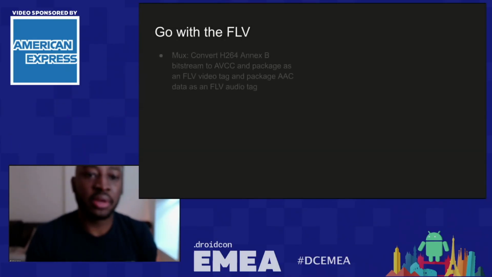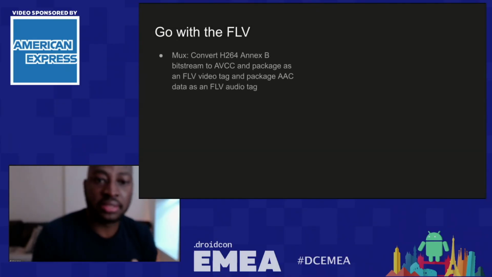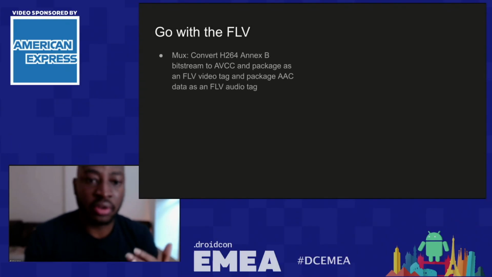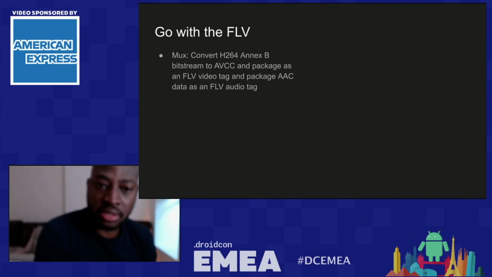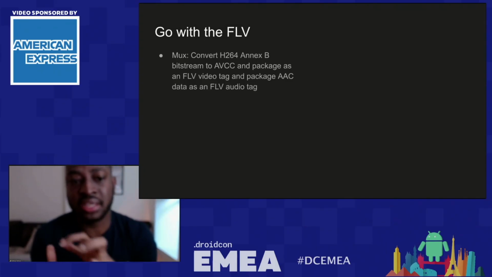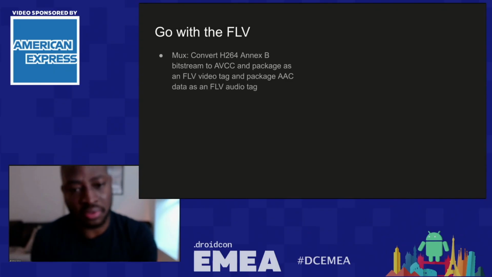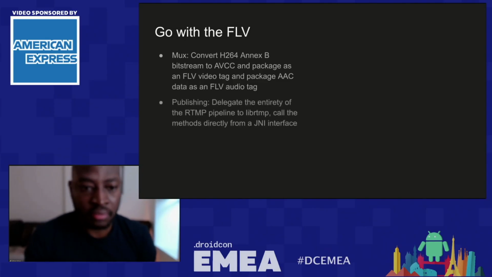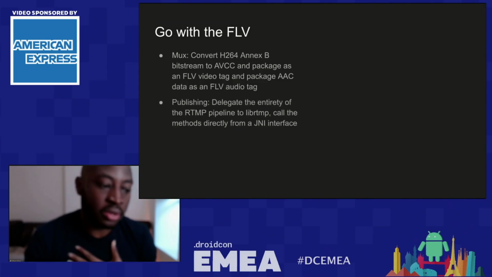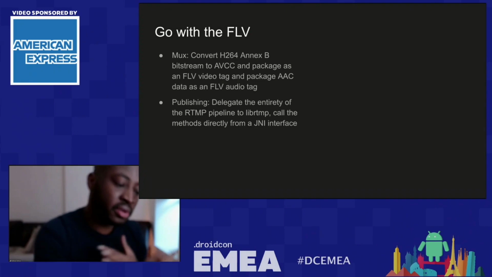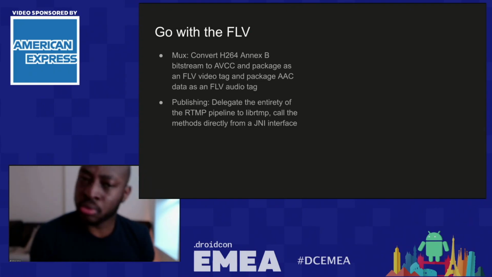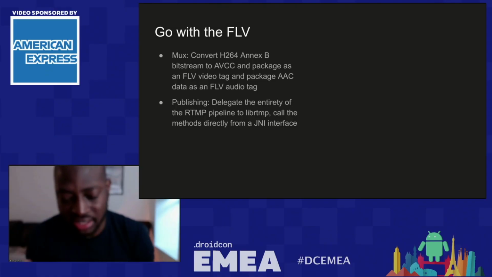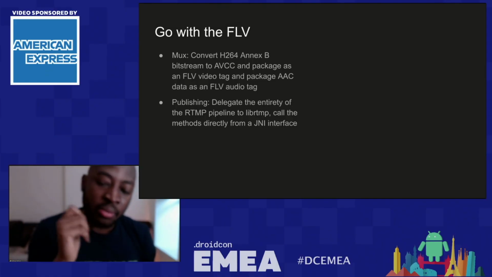So how do you actually publish? Well, you want to mux. I covered this prior. You want to convert the H.264 Annex B bit stream to AVCC and package it as an FLV video tag, and also do the same thing for the AAC audio tag. Then publishing for Android, like I already mentioned before, RTMP is implemented open source in this huge thing called RTMPDump, typically packaged as librtmp.